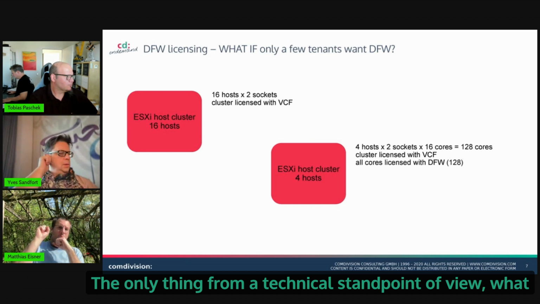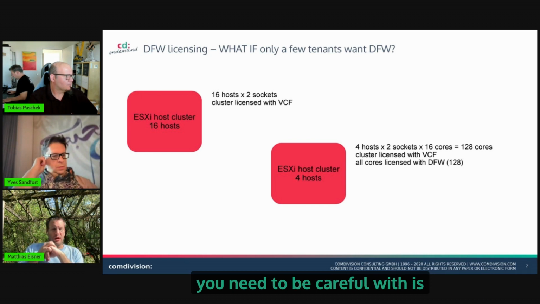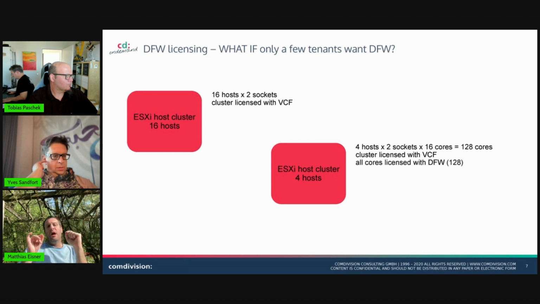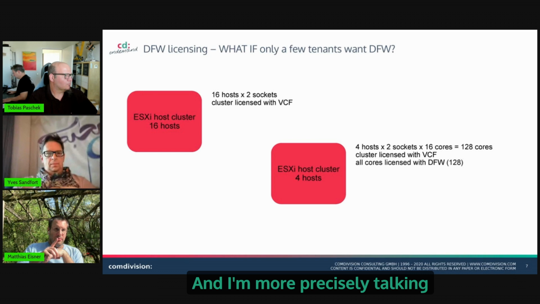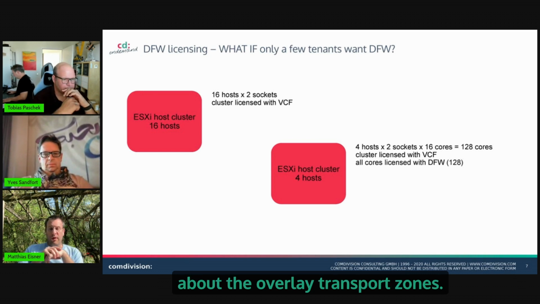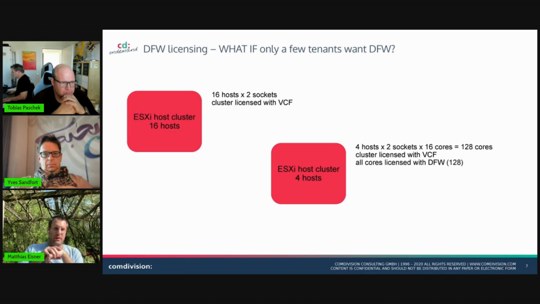The only thing, from a technical standpoint, that you need to be careful with is how the transport zones are designed, and I'm more precisely talking about the overlay transport zones.